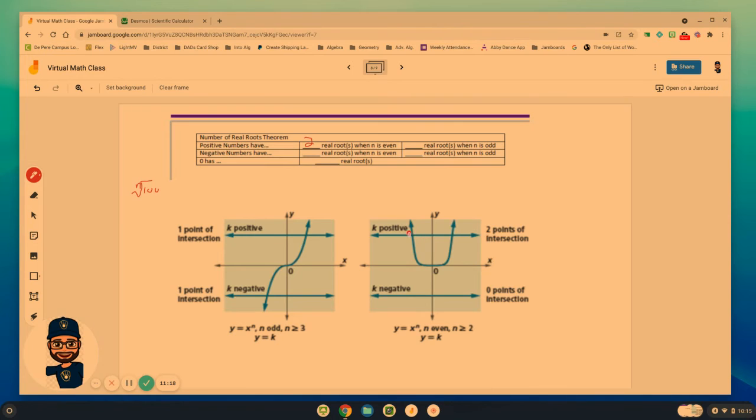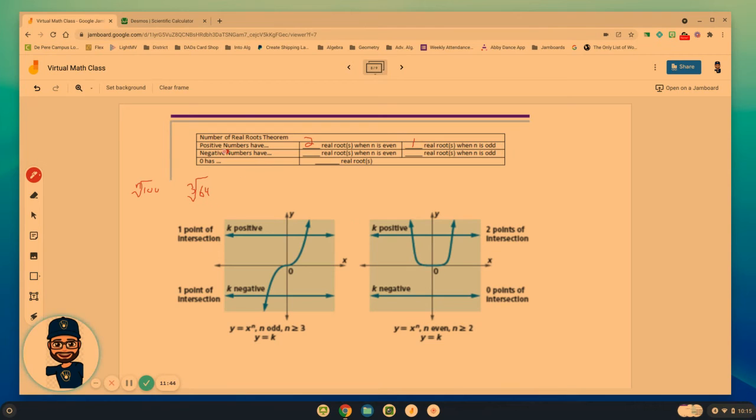It would look like this graph right here, where we do end up getting two solutions. Whereas if I take the cubic root of 100, or the cubic root of, say, 64, that's a positive number underneath, but an odd n value, an odd root, we're only going to have one real solution because it's only going to intersect the x-axis once.